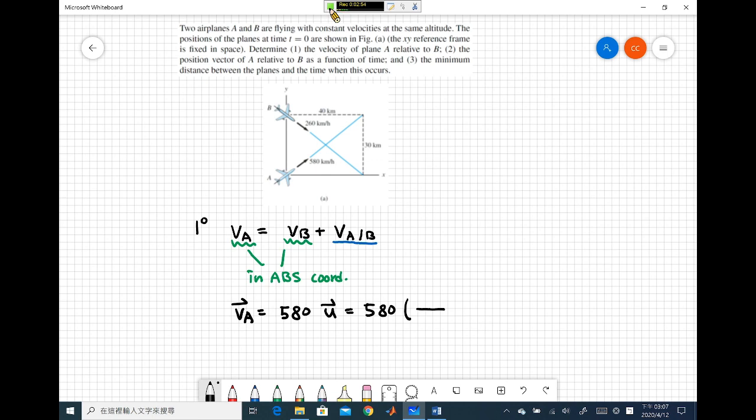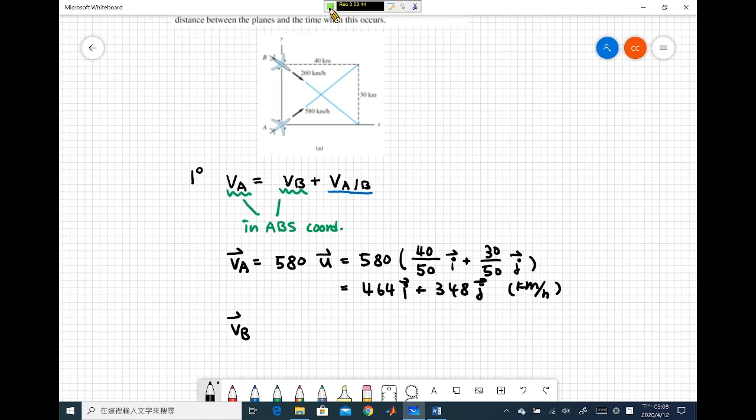So in terms of i, it's 40 kilometer divided by 50. It's 30 divided by 50 in terms of j. So you can quickly derive VA is equal to 464i plus 348j. Remember, you do have units. That's kilometer per hour.